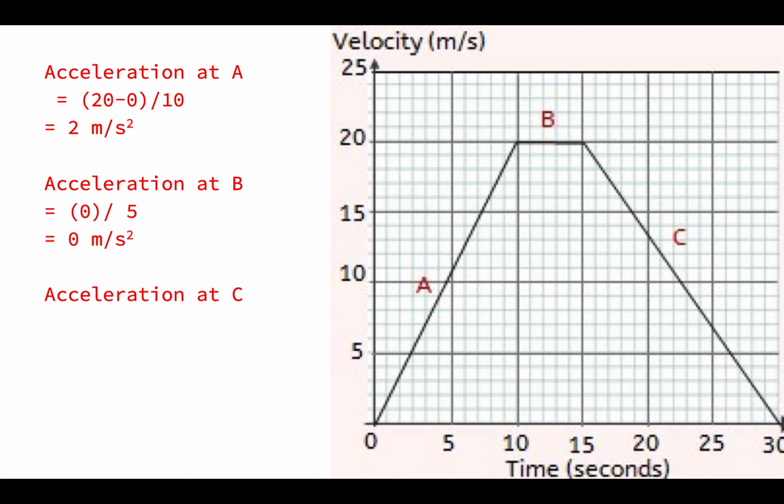And finally, our acceleration at C. Our final velocity is 0 at this time point here, and our initial velocity is 20, so it's going to be 0 minus 20, and the time period, the time it's taken, is, just double check, 15.